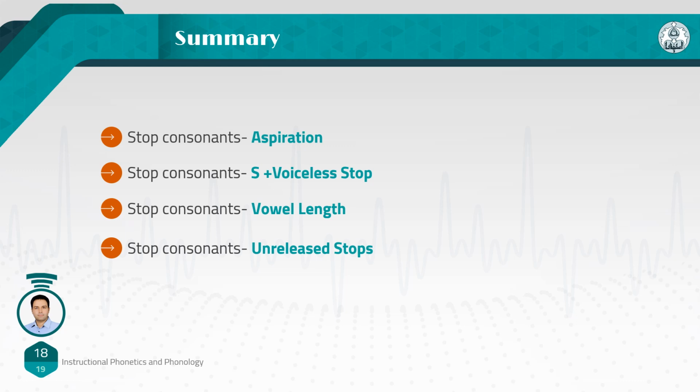We said that final stops are unreleased when the next word or the next consonant begins with a nasal or a stop. And finally, we had a discussion on glottal stops. We said that a glottal stop is a variant of t.